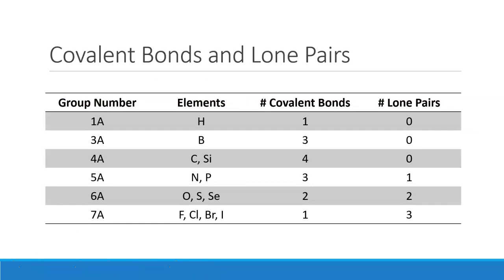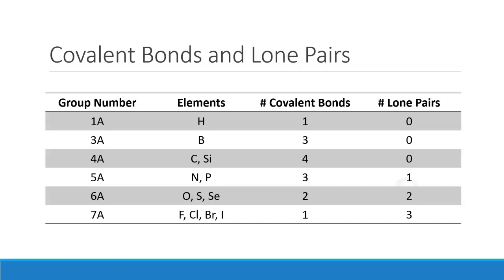So to summarize, groups 1 and 3A are a little bit of an exception to the rules typically, but in group 1A, the only element we worry about for covalent bonds is hydrogen, and it will have 1 covalent bond and 0 lone pairs. And then boron in group 3A, represented by B, will have 3 covalent bonds and 0 lone pairs. Now after that, there starts to become a pattern. So in group 4A for carbon and silicon, you have 4 covalent bonds and 0 lone pairs.